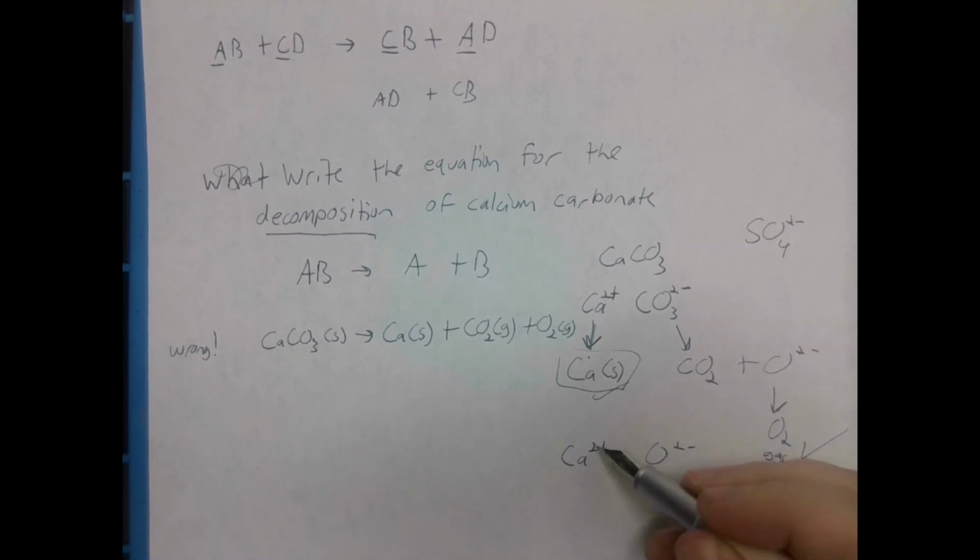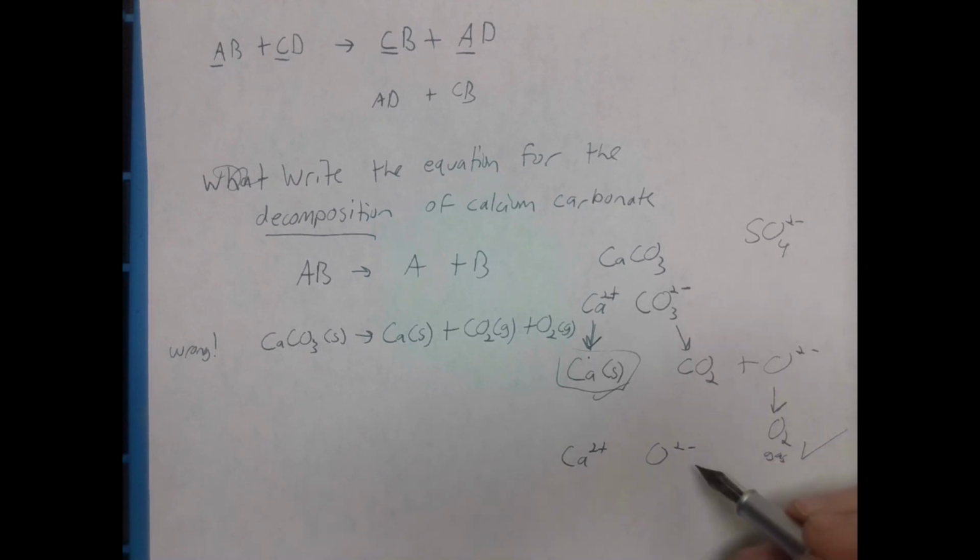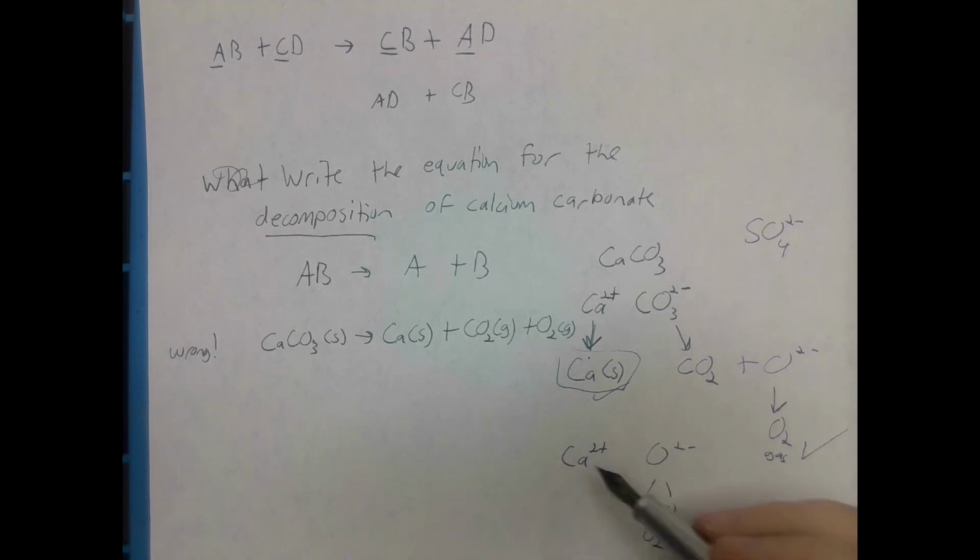This is missing 2 electrons. This has 2. Now, calcium can come over here and just grab those 2. Then 2 oxygens will come and group together and make an O2. Calcium is taking its 2 electrons from the oxygen. It's now happy. What's going to more than likely happen?